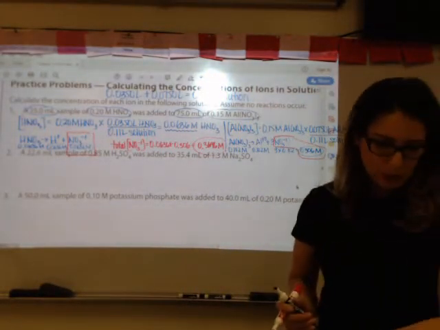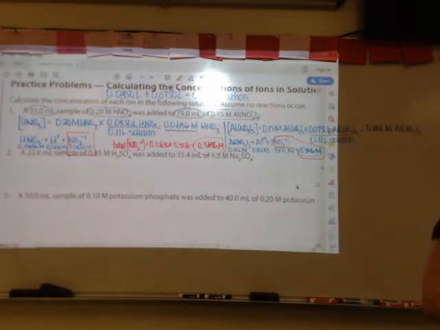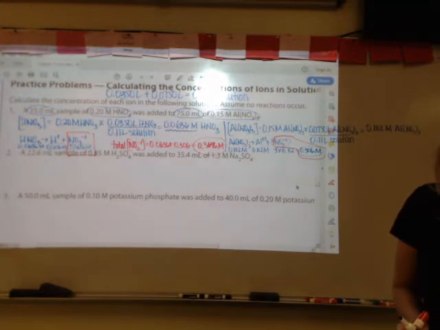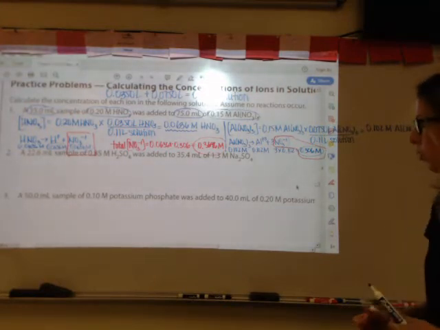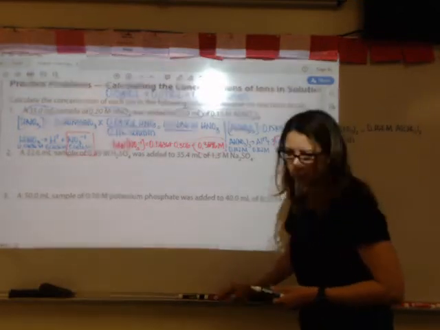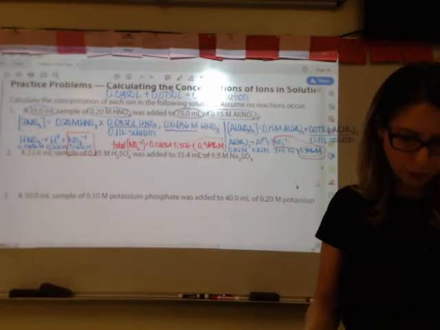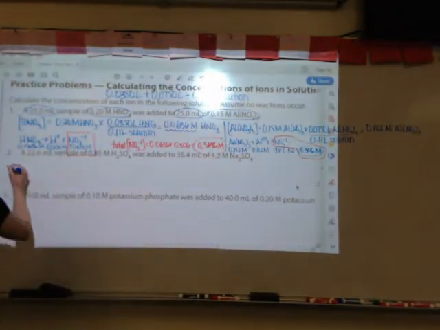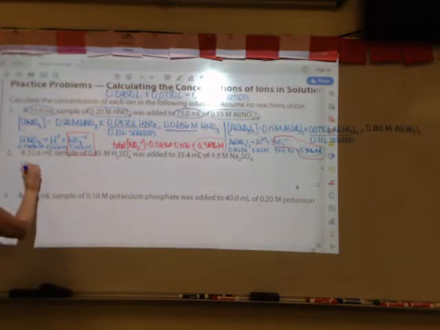these problems are a little lengthy, so let's take a look at another one. Let's take a look at number 2, okay? So in number 2, you're combining sulfuric acid with sodium sulfate. So I'm just going to jump straight into calculating the concentration of H2SO4 after the 2 solutions are mixed.